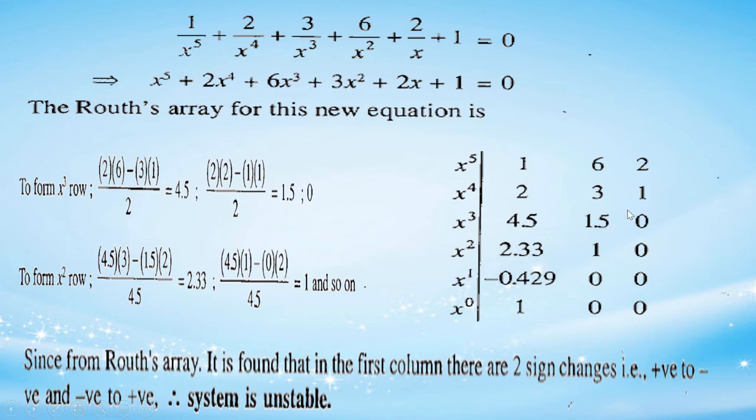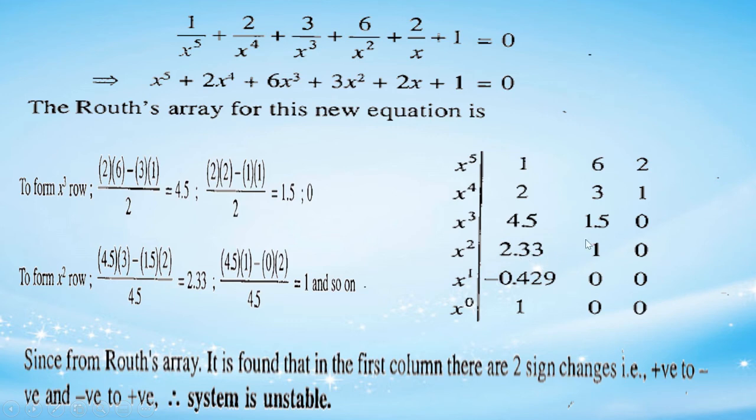Next is 4.5 into 1 minus 0 into 2 by 4.5, that is 1. The x to the power of 1 row can be got as 2.33 into 1.5 minus 1 into 4.5 by 2.33, that is minus 0.429.